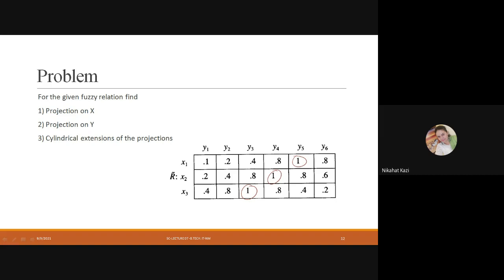So whatever is the max value in the column, that will be associated with Y. So I think this is very simple actually, how to perform these operations. It is 1 and 1. Okay. Cylindrical extensions, whatever relation you get, you just have to extend it along the other axis. That's it. Okay. That is how you do it.